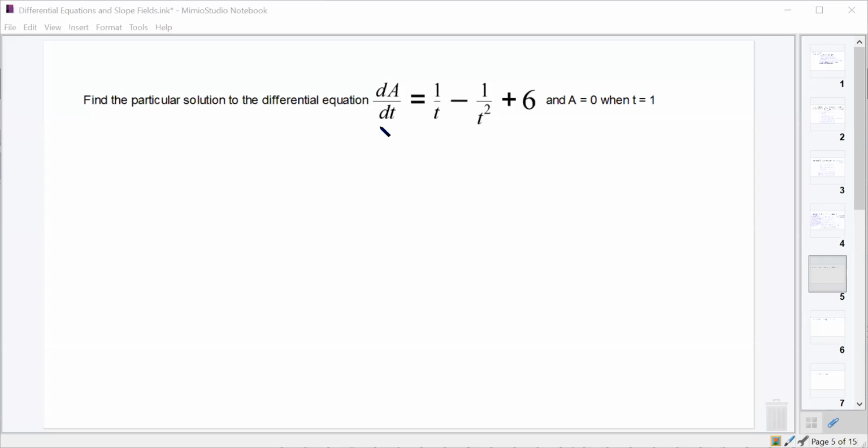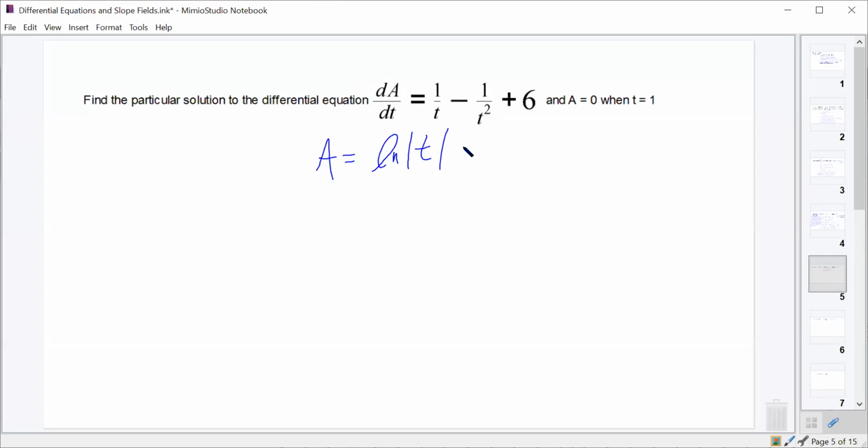You brought the dt over and you integrated both sides to get a equals what? ln absolute value of t minus 1 over t plus 6t plus c. Minus 1 over t or plus 1 over t?